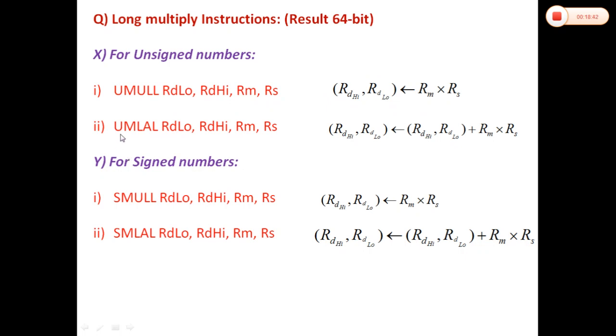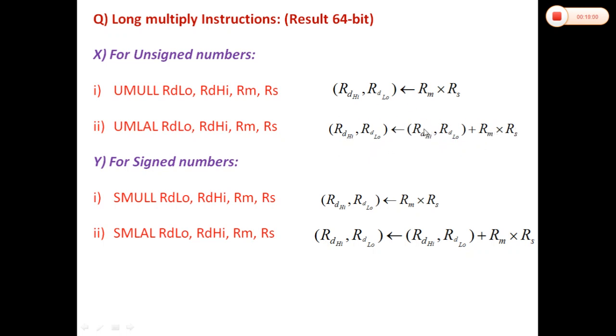Similarly, you have unsigned multiply accumulate long type of instruction. Once again, you can see that RM and RS will be multiplied. The product will be added to the current content of this pair of registers, and again the result will be stored in the same pair of registers.